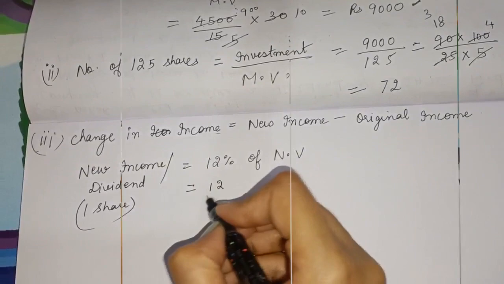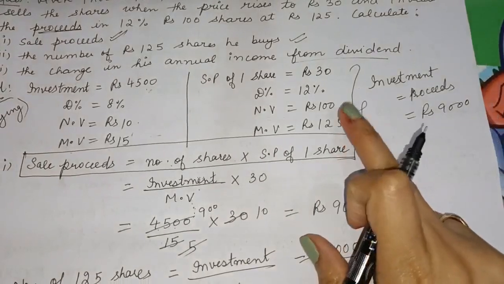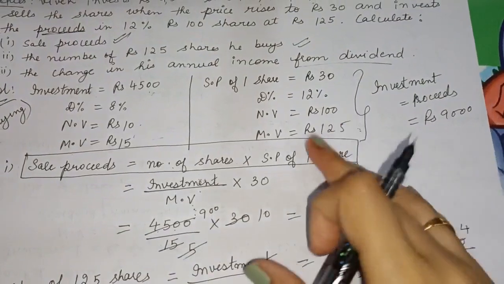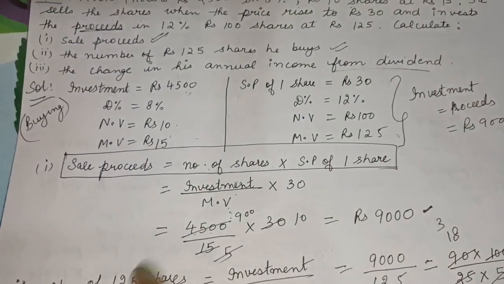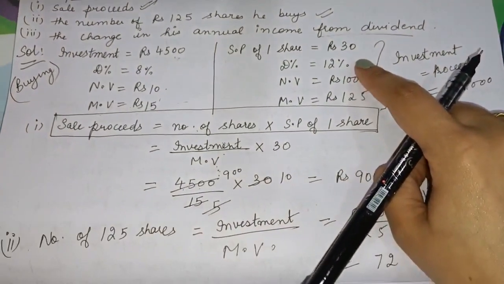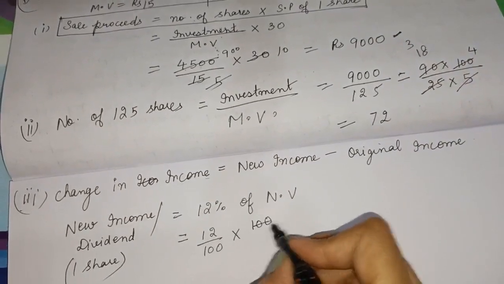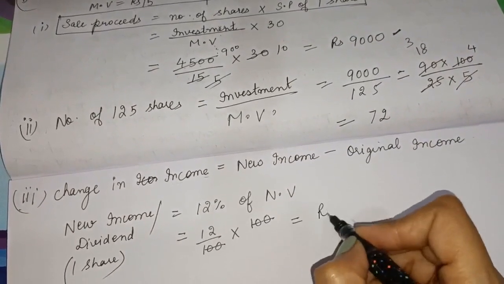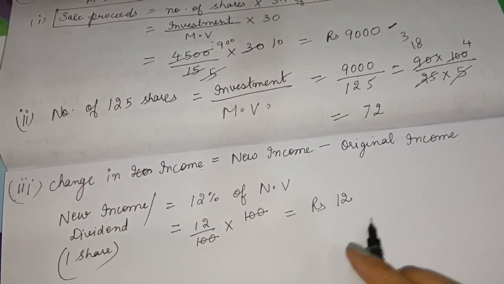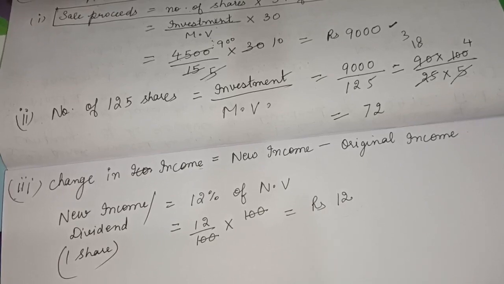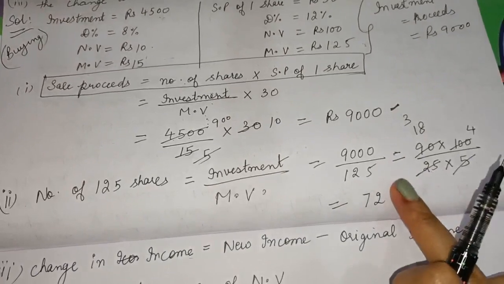So 12 by 100 into nominal value. In this case, what is the nominal value? When we are doing the new income, this part of the question, nominal value here is rupees 100. So on one share, income is rupees 12. But how many shares do we have? In this case, we have 72 shares.